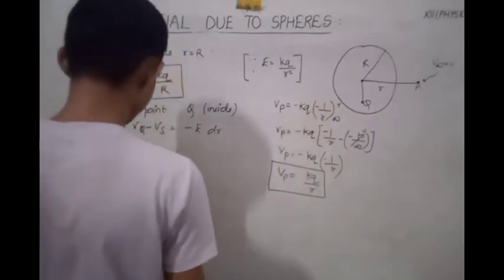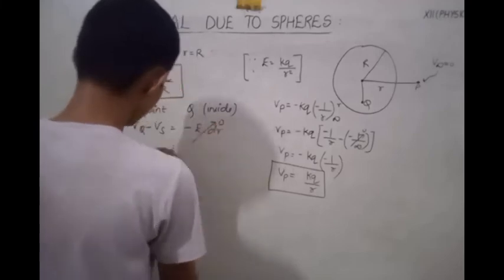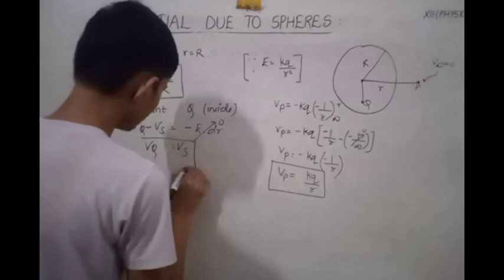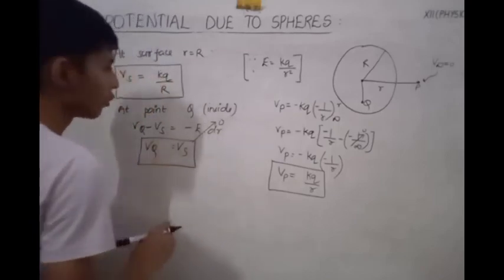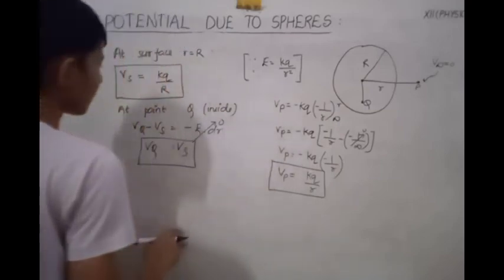So this whole term becomes 0, and we are left with Vq equals Vs. That means potential at the surface is equal to the potential at the point which is inside the conductor.